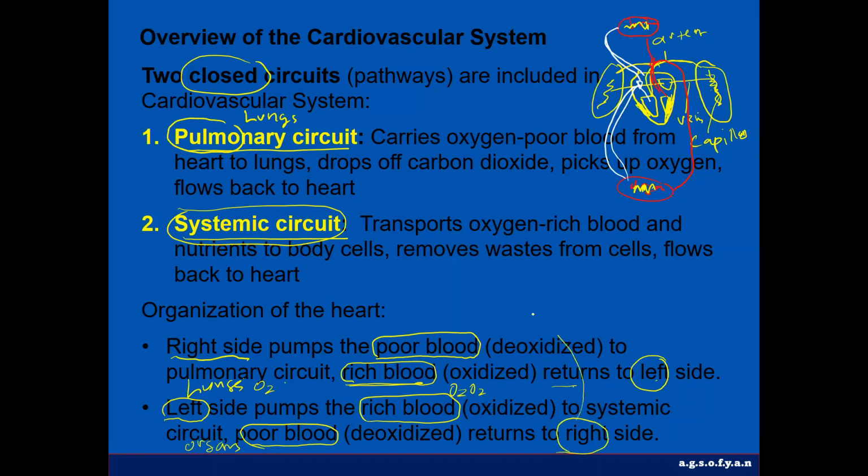Again, the poor blood will be pumped into the lungs, become rich blood, going back to the left side of the heart. From the left side, the rich blood will be pumped into our tissue organs, and the poor blood coming from the organs will be returned to the right side of the heart, continuously like that. So this is a closed circulation.